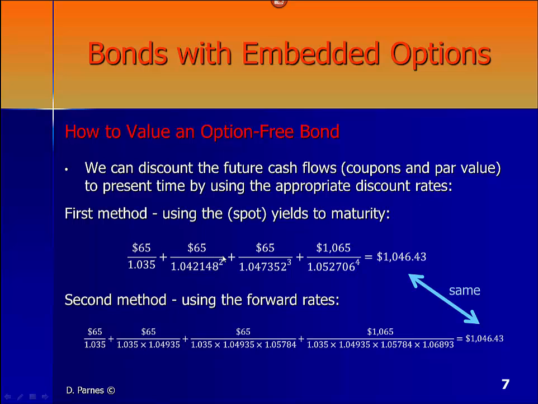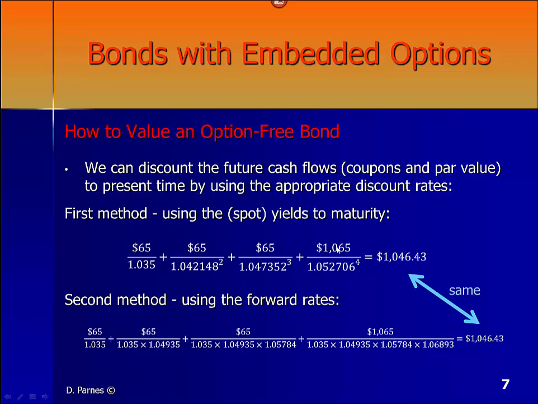because this is taking place in year number 2. The third coupon is $65, and then we're discounting it to present time by 1 plus the spot rate, which was 4.7352. And then everything to the power of 3, simply because this cash flow is taking place in year number 3.